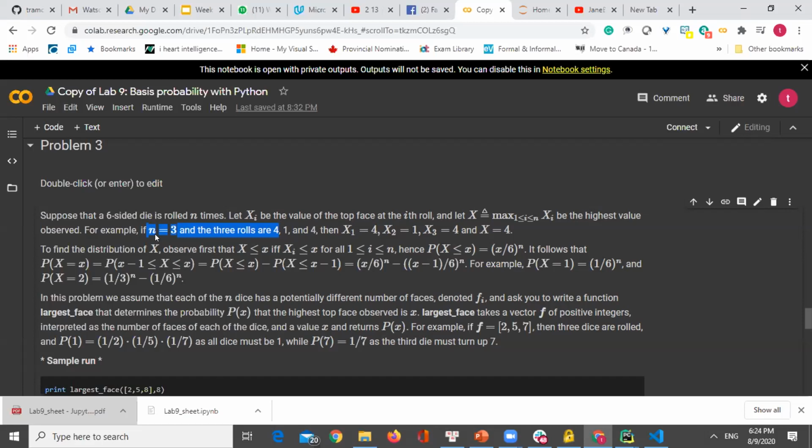To find the distribution of X, observe that X, so the X, what is X smaller than x? What is that supposed to mean? First, why is this smaller than this? How do we know that? X is the maximum value of the Xi.